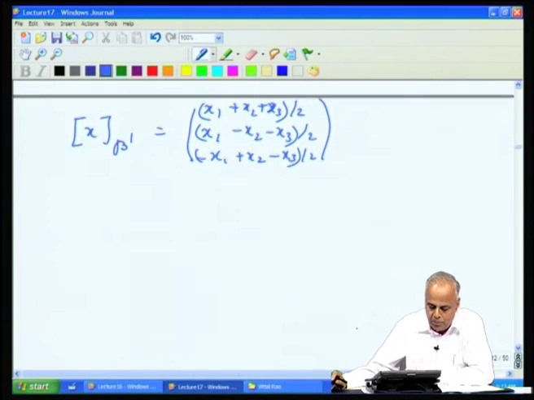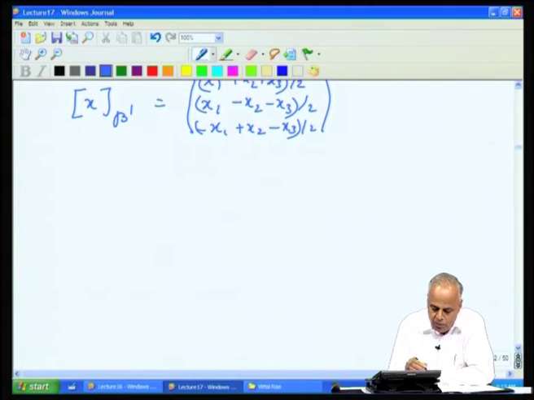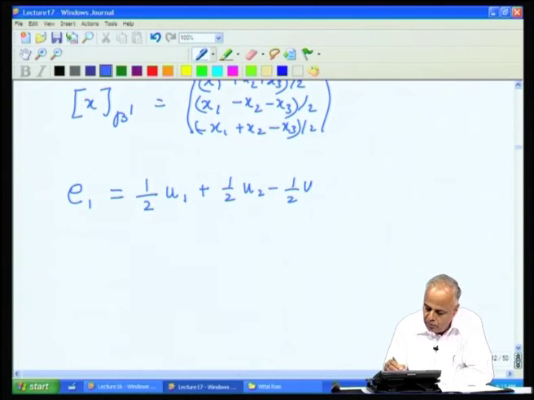and basis B prime. Now, for that we look at the first vector in the B basis and try to represent it in terms of the B prime basis. It turns out we can see easily that half u1 plus half u2 minus half u3 is e1.